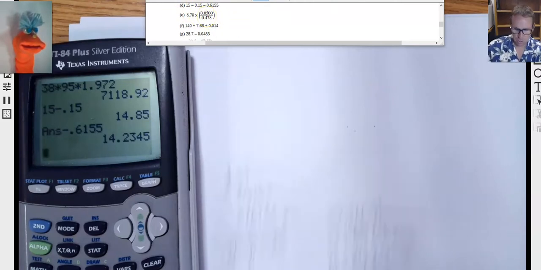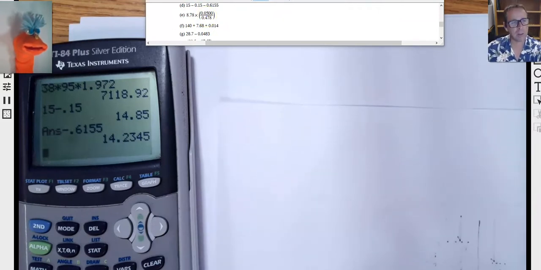All right, E. So we're going to have 8.78 times this fraction, but we have to take this fraction and perform the function there first. Now, because this is not a mixed operation, meaning I'm only doing either multiplication and division or addition and subtraction, in this case I'm doing multiplication and division, so I don't need to collect significant figures till the very end.